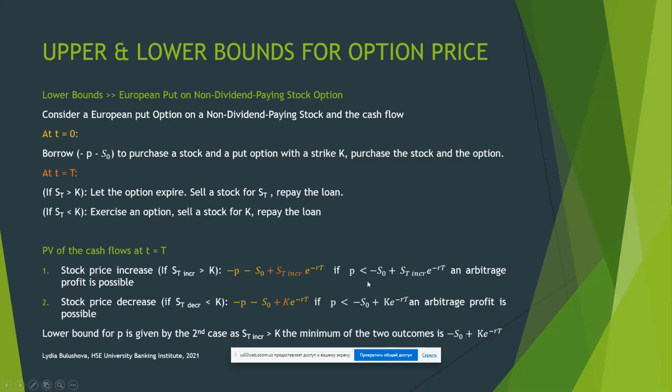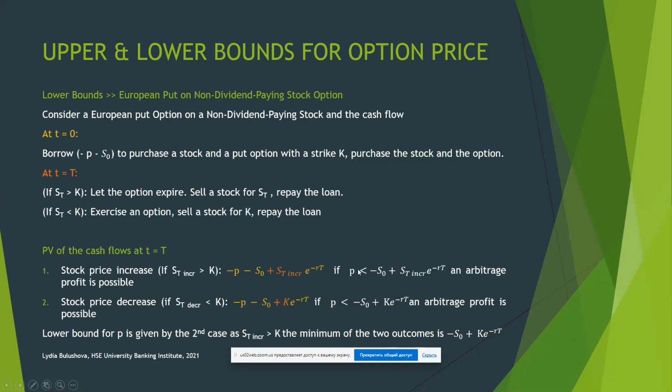In the first case, if a put option price is less than a combo of short, so if I borrow and purchase a stock and I sell a stock, if this strategy can generate more money than purchasing a put option, this is an arbitrage opportunity.